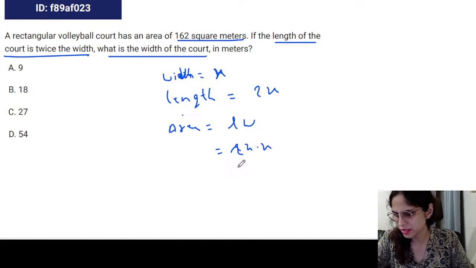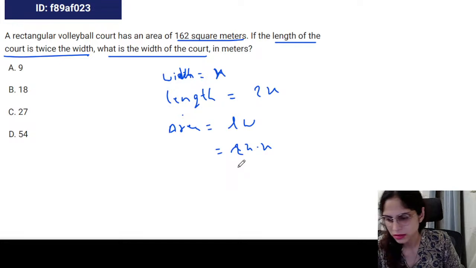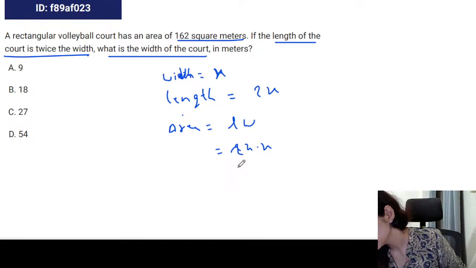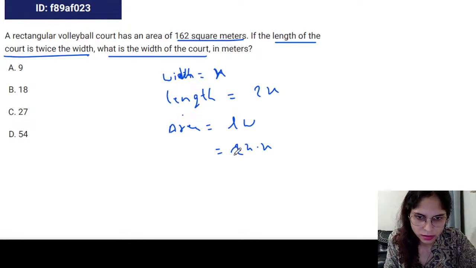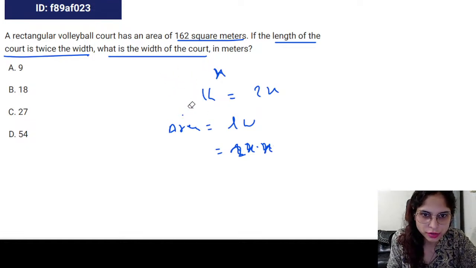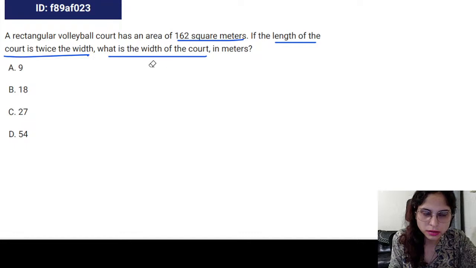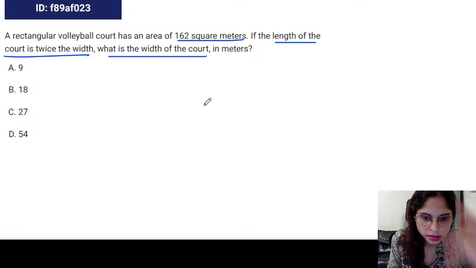Give me a second. Okay, now it's working fine. I fixed the issue. So my touchpad is not working correctly. It's a glitch. No, it's not because of the touchpad. It's still there.